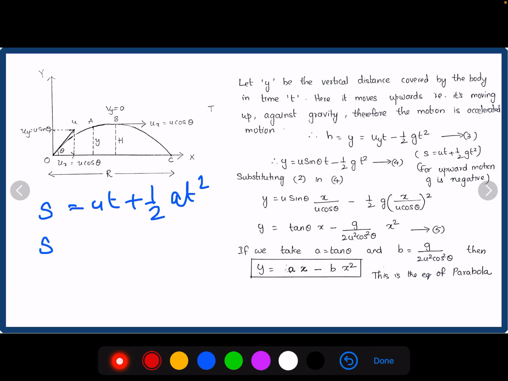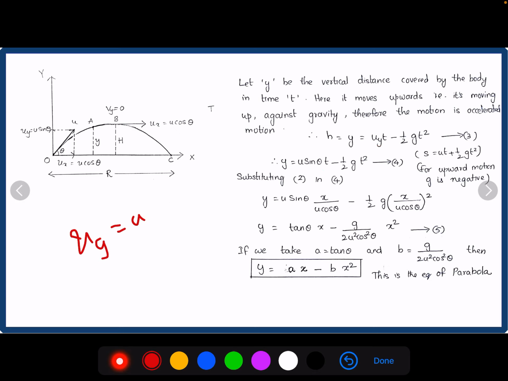So y is equal to uy t minus half gt square. Uy is the vertical component, u sin theta. So in place of uy, we substitute u sin theta: y is equal to u sin theta t minus half gt square. This is for the upward motion, so g is negative.